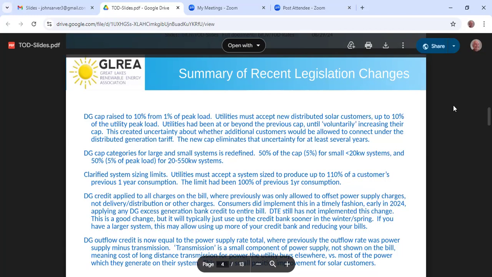Before, the utilities were right at that limit, and people were concerned that any day the utility could say, no, I'm sorry, you can't hook up under the normal tariff, the normal rate, and we're going to stick you on some other awful rate that would give you no benefit for your solar. So that uncertainty has been removed, at least until we get to 10%. That's not likely going to happen for quite a few years.